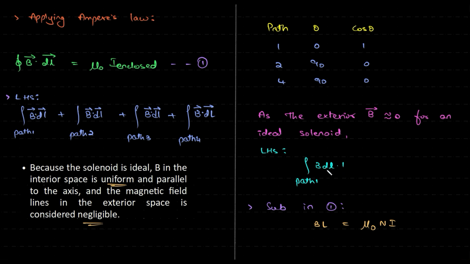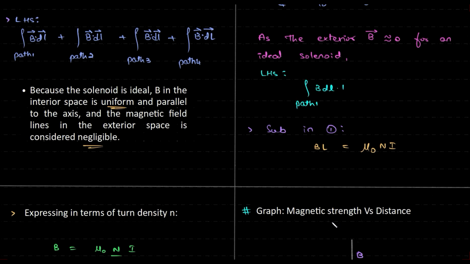Since B is constant, the integration of dl will be L. We're just adding up the entire length of dl, so that is nothing but L. I hope the integration is very clear. Basically, we are adding up the entire length of L. Adding up all the small bits of length in a 10 centimeter line is 10 centimeter. Does it make sense?